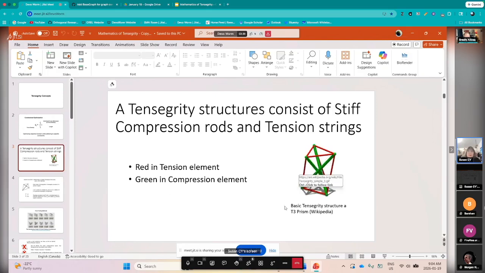Anyways, so there's strings, which are the tension elements, and did you call them bars or rods? Rods or bars are the compression elements, and they're in green here.